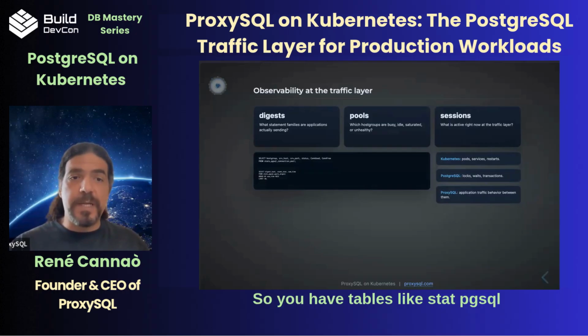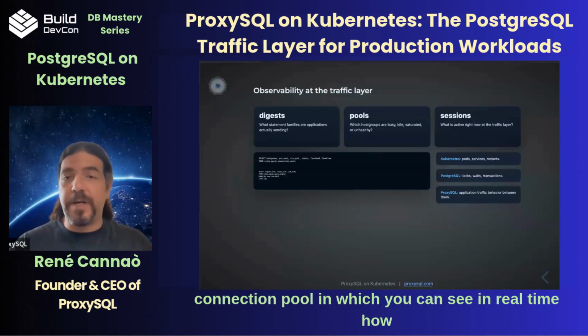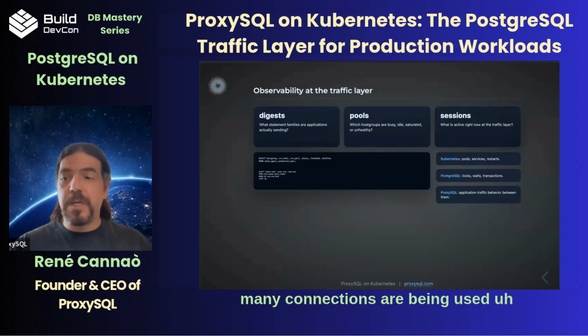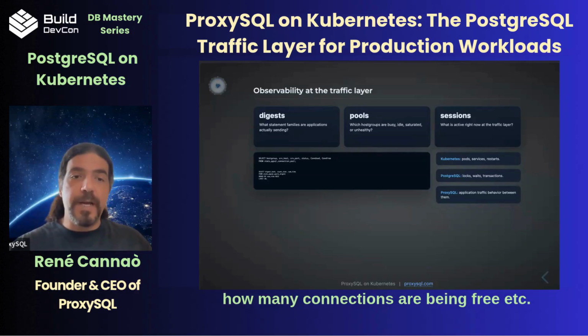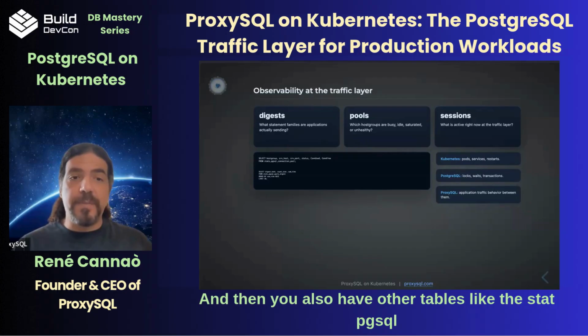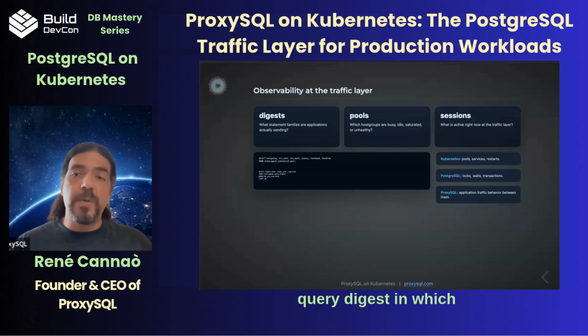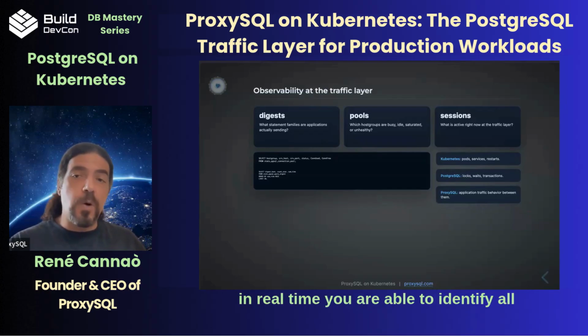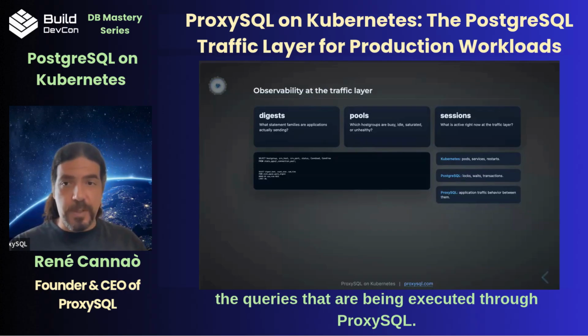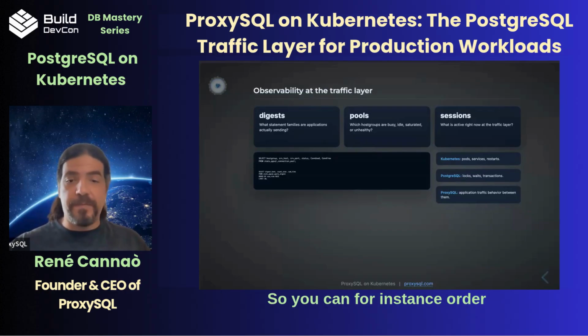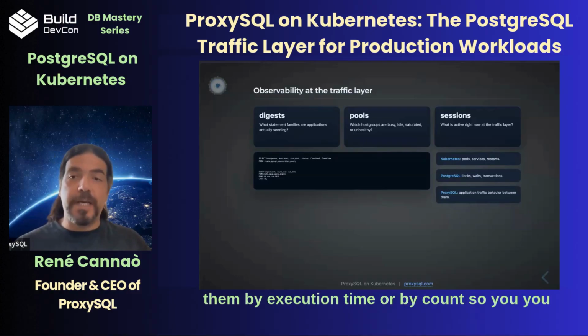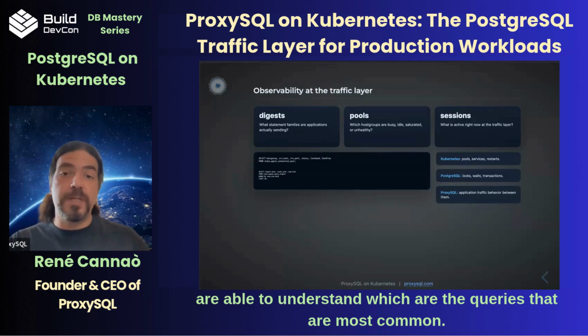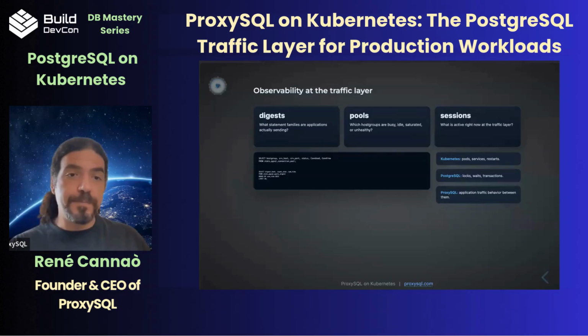So you have tables like stat PGSQL connection pool, in which you can see in real time how many connections are being used, how many connections are free, etc. And then you also have other tables like the stat PGSQL query digest, in which in real time you are able to identify all the queries that are being executed through ProxySQL. So you can, for instance, order them by execution time or by count. So you are able to understand which are the queries that are most common.